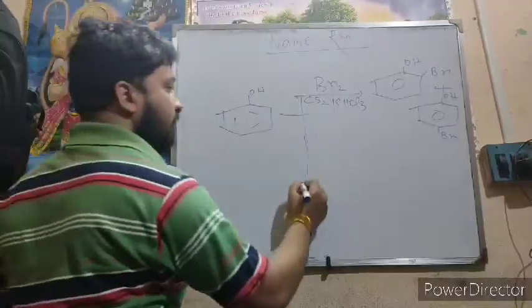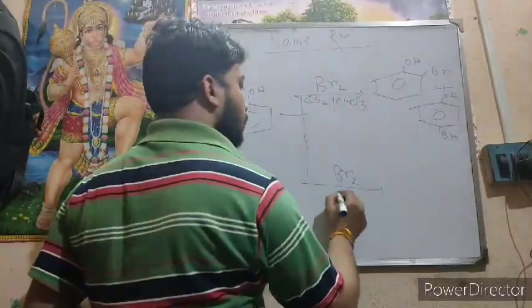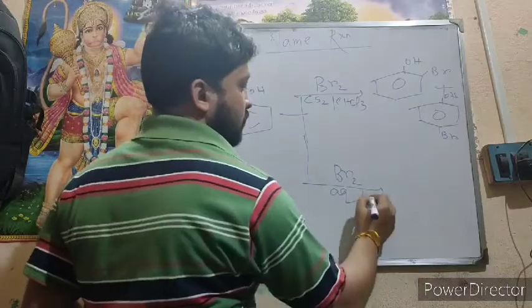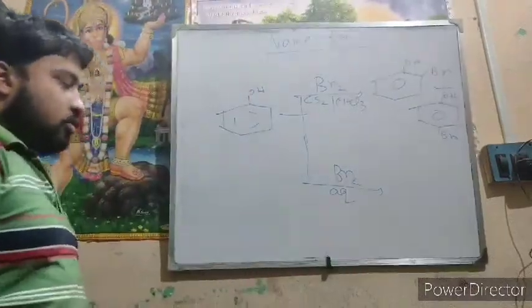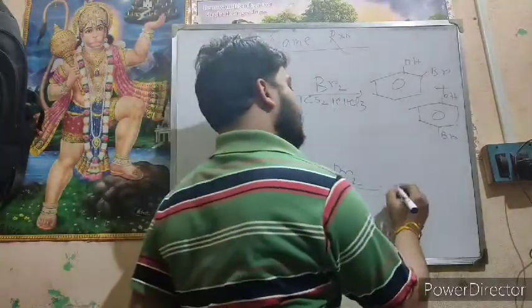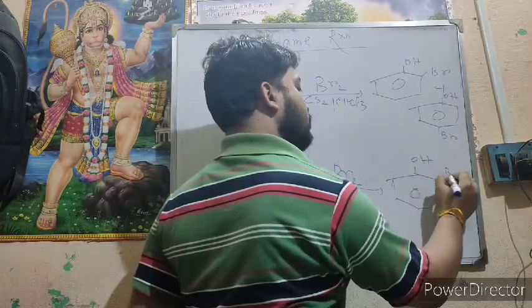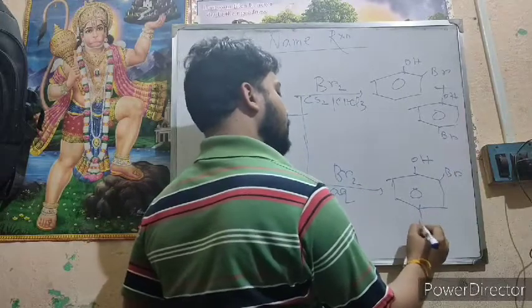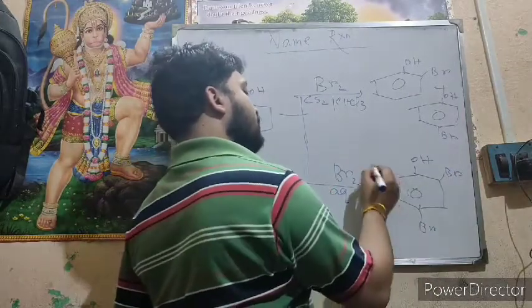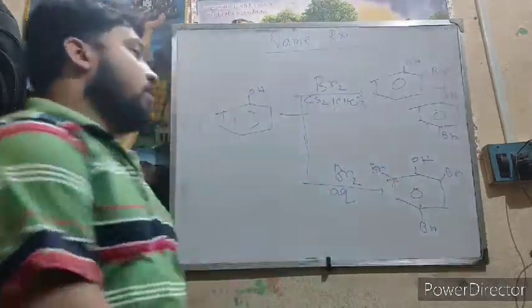If you take aqueous Br2, you get this product: OH at position 1, bromine at positions 2, 4 and 6.